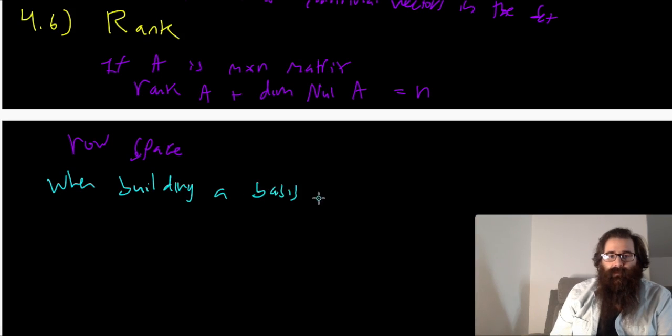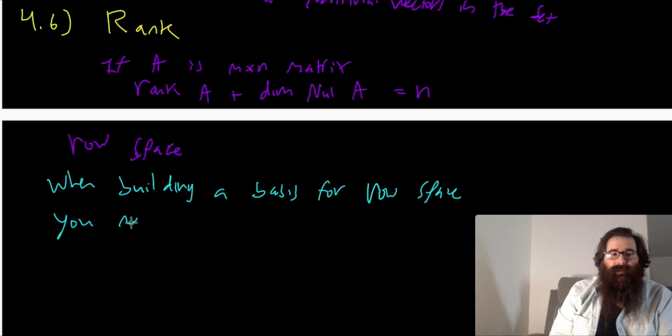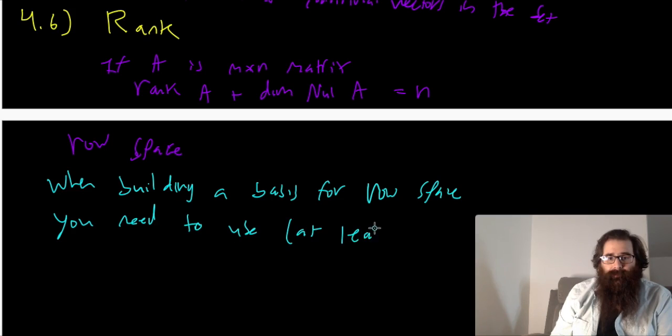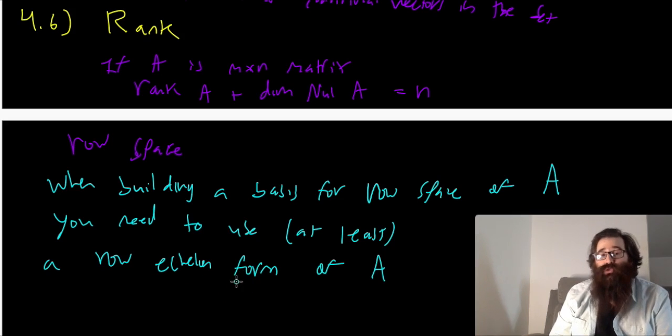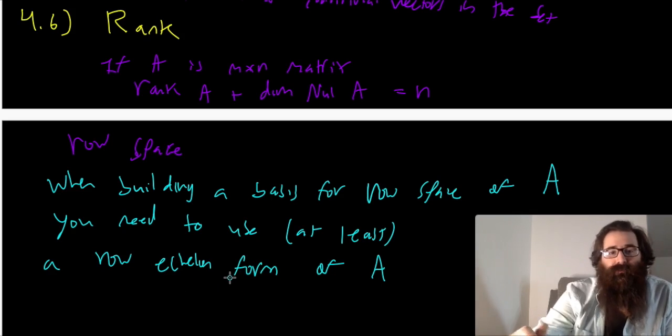When building a basis for the row space of matrix A, you need to use at least a row echelon form of A. Now, if it's in row echelon form and you reduce further to a reduced row echelon form, then the span of the rows is preserved from that point on.